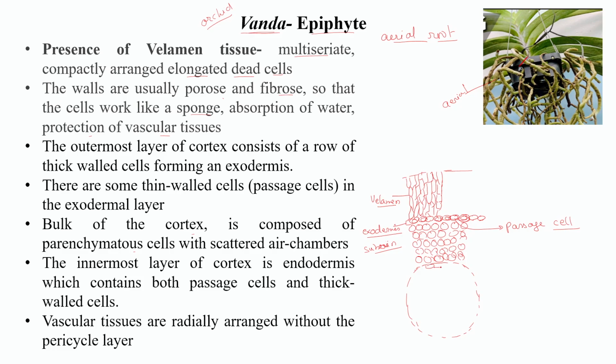So this tissue, then you will have endodermis. You will have normal endodermis, then you will have pericycle. Pericycle also, let's draw.